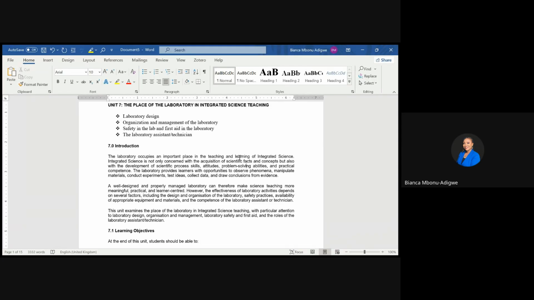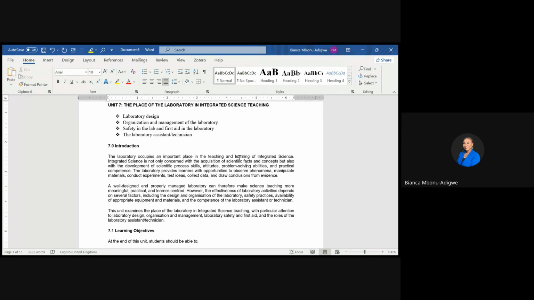There are some skills that you should have, and we believe that the laboratory will provide you with the opportunities to gather those skills: observe phenomena, conduct experiments, test ideas, collect data, and even draw conclusions from evidence.